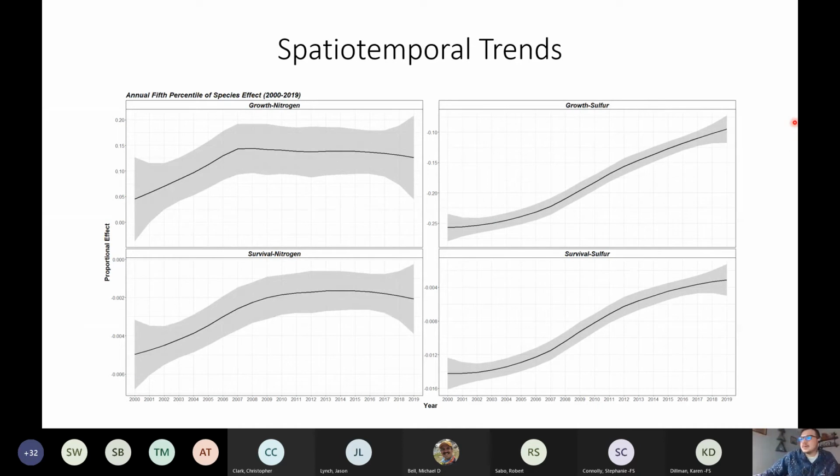Some of the interesting stuff that comes out of this, and I should note, I apologize, is that on the sulfur side, you're going to see all negative responses. On the nitrogen side, you may see some positive responses as well. You may see some increased growth rates from nitrogen. I mentioned on the previous slide that we've seen sulfur decreases in deposition over the last 20 years, and you can see that trend occurring in the responses as well.